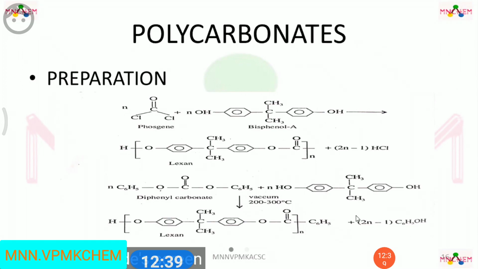Here, the phenol is eliminated in the condensation process. So, these are the two reactions which represent the preparation of polycarbonate. Either phosgene can be used with bisphenol A, or if we don't want to use the phosgene, then diphenyl carbonate is a safer option, which condenses with the bisphenol A in the vacuum conditions.